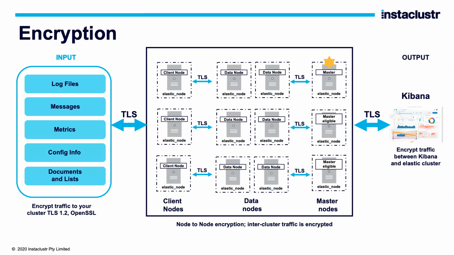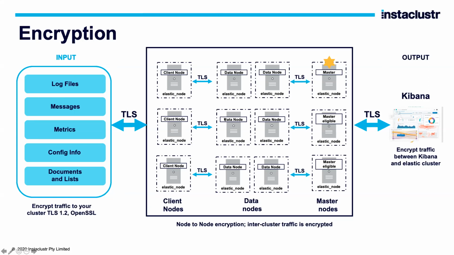Also, as you can see in the diagram, this is what a typical big architecture looks like in Elasticsearch. I won't go into too much detail because normally we cover that in workshops, but just to elaborate, you have some inputs coming in, which are also over TLS, and then Elasticsearch provides different node types.